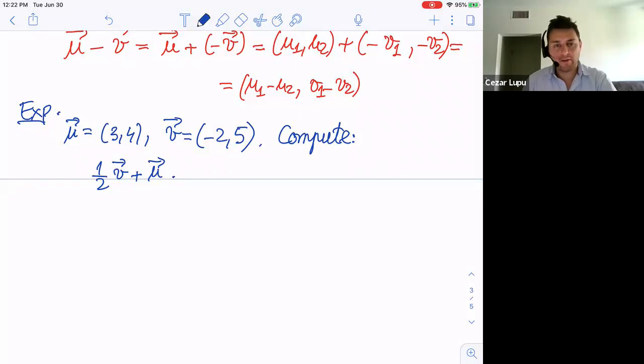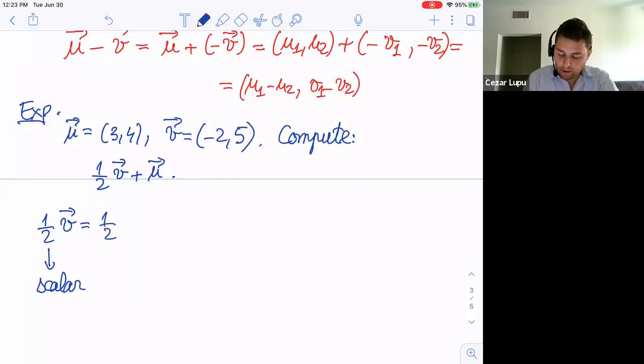I'm multiplying the vector v by the scalar 1/2, and then adding this to the vector u. You can do it separately if you want. There is no problem with that. So, 1/2 times the vector v, which has components -2 and 5.